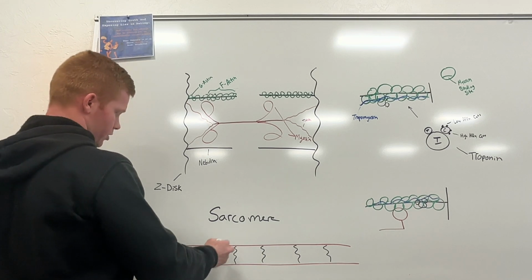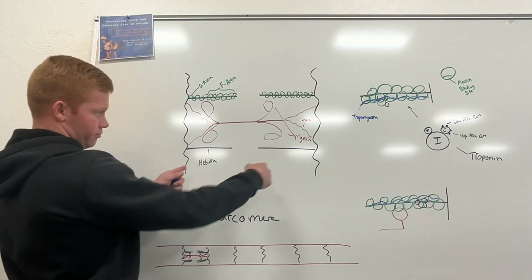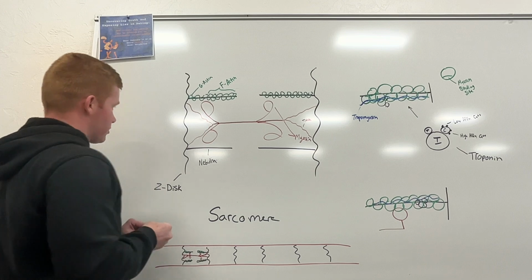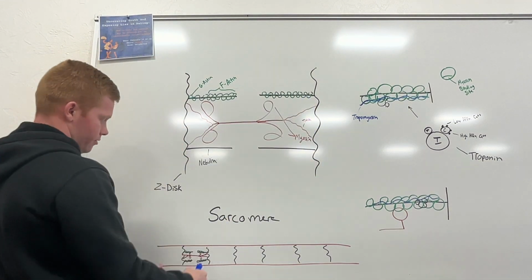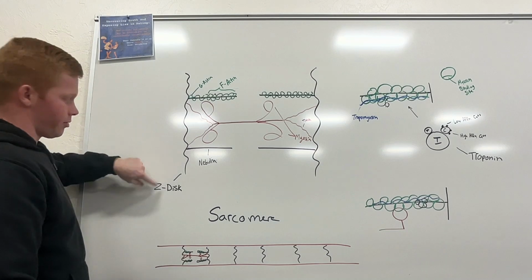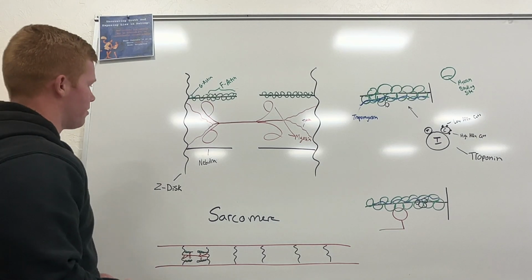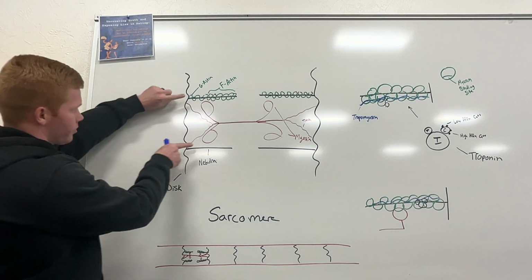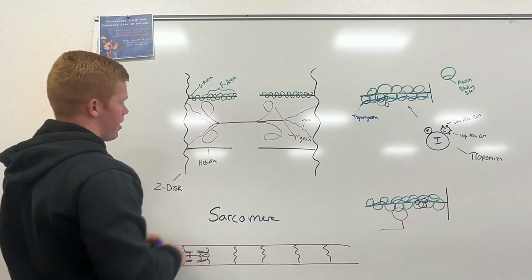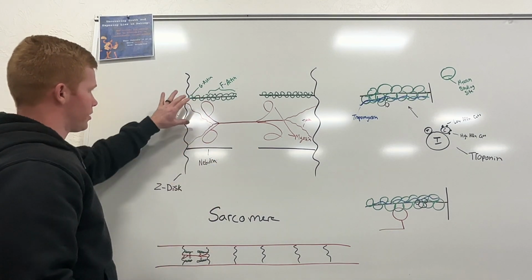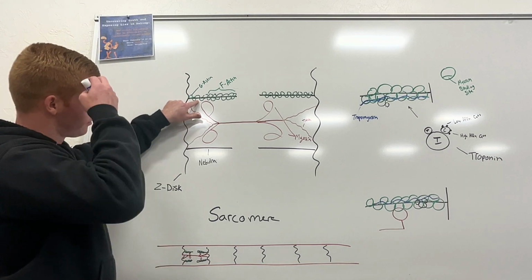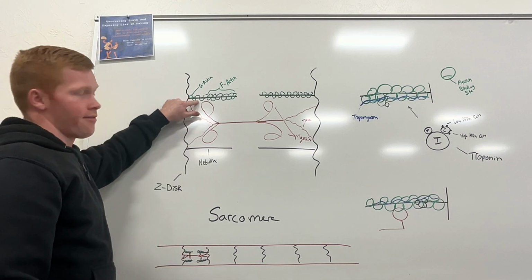And so these are sarcomeres. This is one blown up. So on the sarcomere, we have these things coming down. I don't know, we call them pillars, but those are Z discs. You have these arms coming out of them. That's called nebulin. But on the nebulin, you have F-actin.